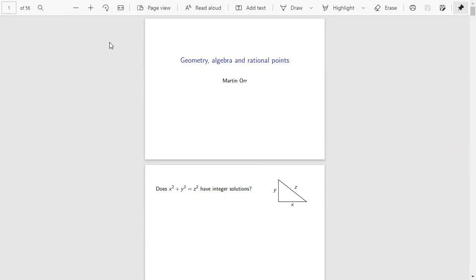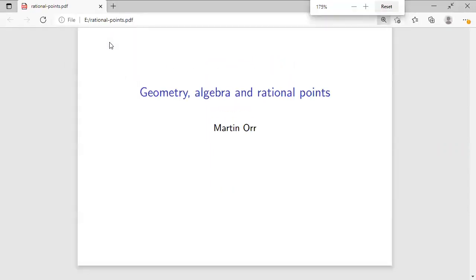We're just best zooming in. Yeah. They can just upload the report.